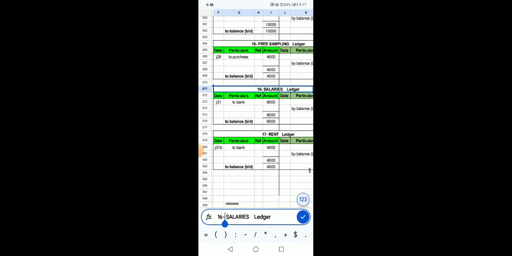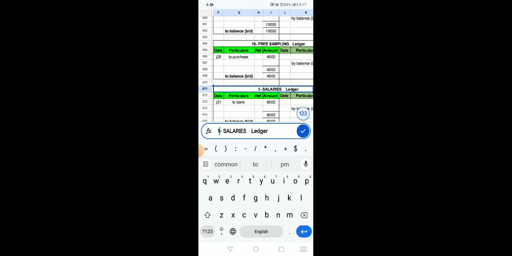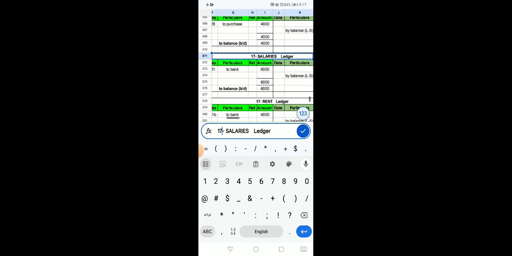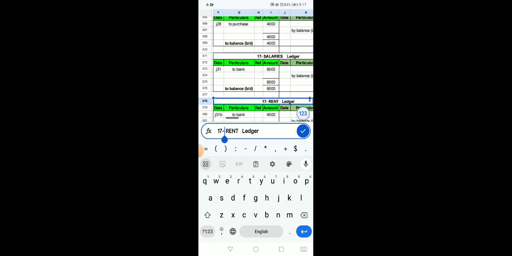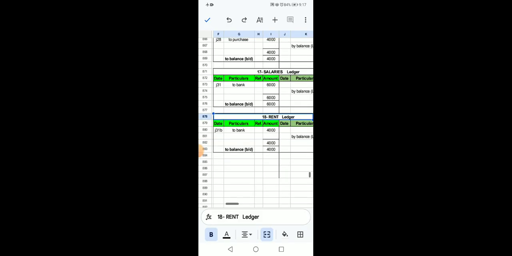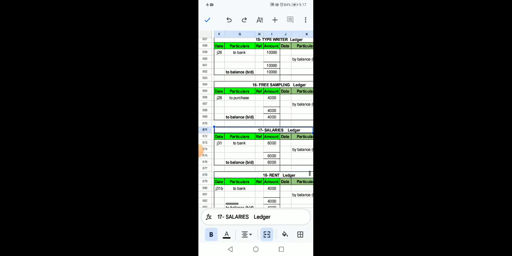Okay, so the 16th was repeated over here. You will change the title. It is the 17th ledger, and rent is actually the 18th ledger. Okay, now it's time to see the 17th ledger.